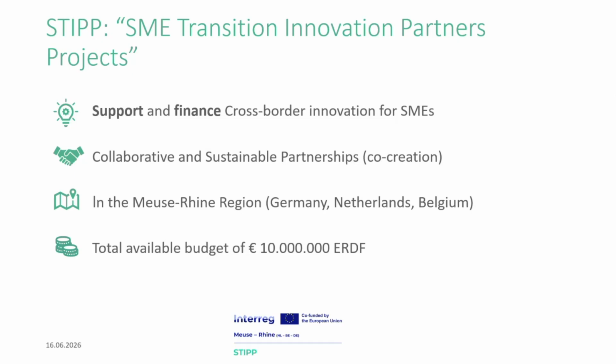So this instrument is really about the collaboration and a sustainable partnership with other SMEs. We're focusing on the Meuse-Rhine region, and in a few slides later on I will specifically show you what this region is. And the STIPP instrument has a total of 10 million ERDF available. As the title of this webinar announces, it's call 4, so we already also spent some of this money, but I will also announce how much money is still available.